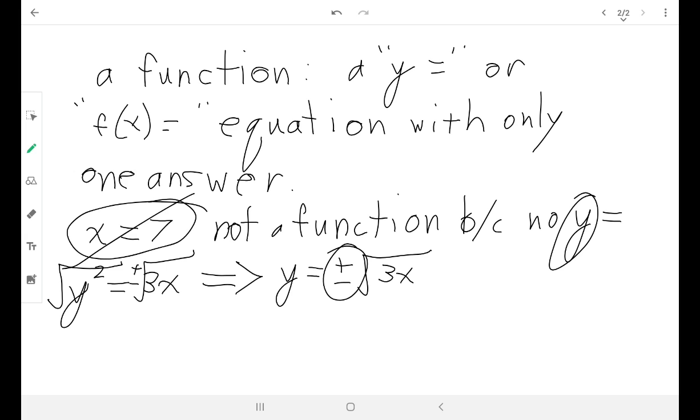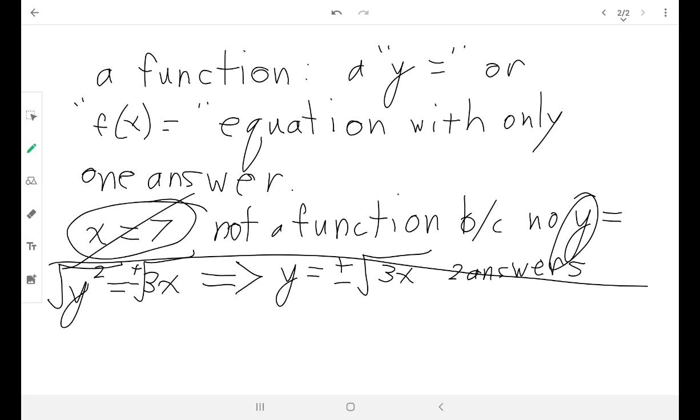And this right here is two answers. So this one's not a function either because of that. Okay?